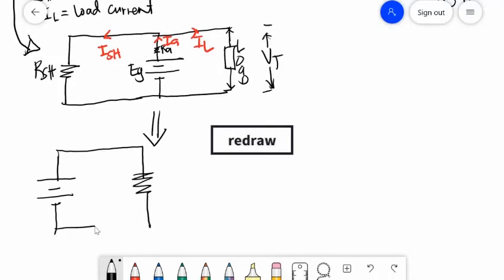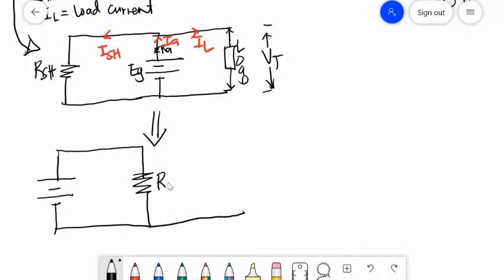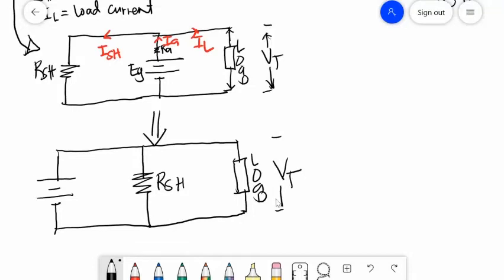In parallel, this is your RSH and your load, and the voltage across the load is your terminal voltage. This is your RA, EG, current IA, current ISH, and load current.